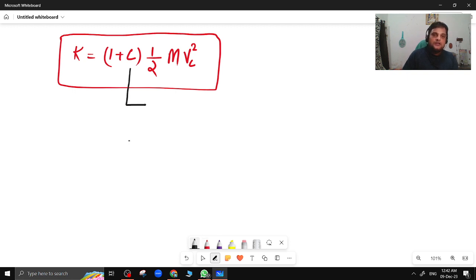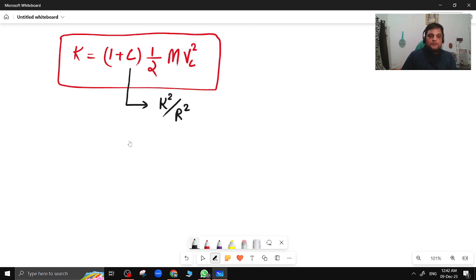That constant is given by the ratio of the square of the radius of gyration and the square of the radius of the body, C equals k square by R square, and Vc is the velocity of the center of mass.